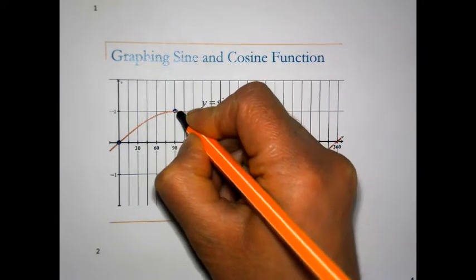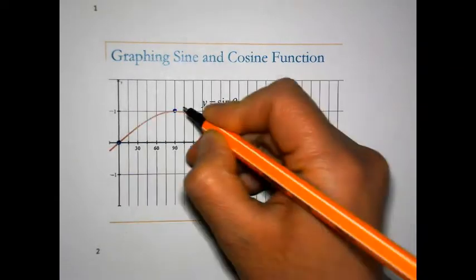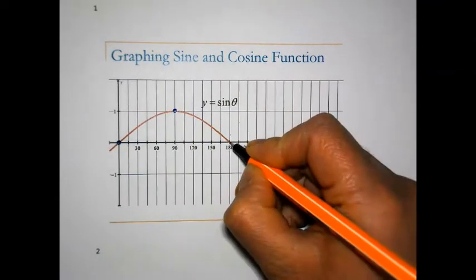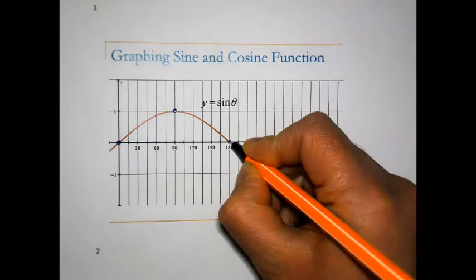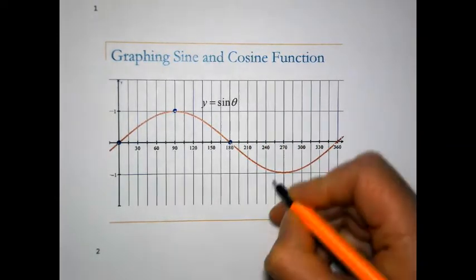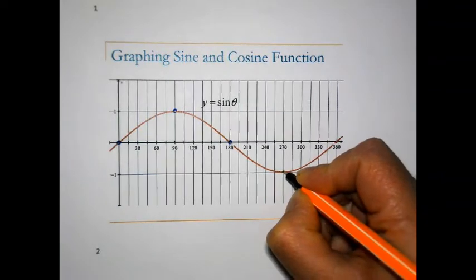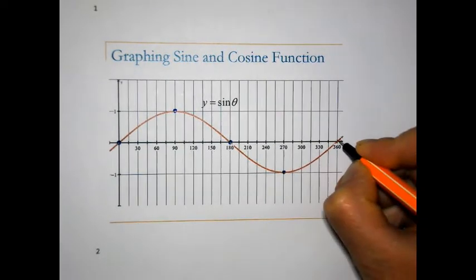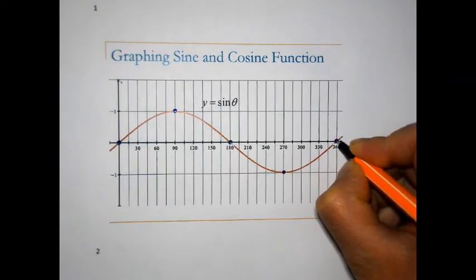It reaches the maximum of 1, then comes back here at 180, where it is at the x-axis. Then at 270 it goes to -1, and at 360 it goes back to the axis.